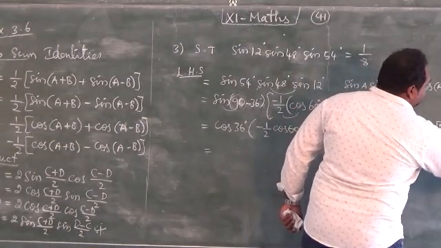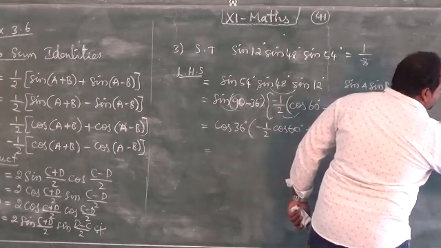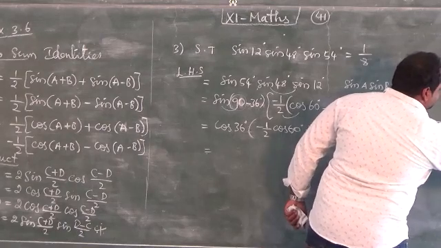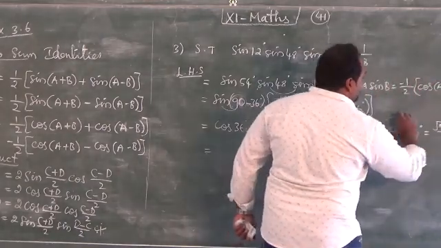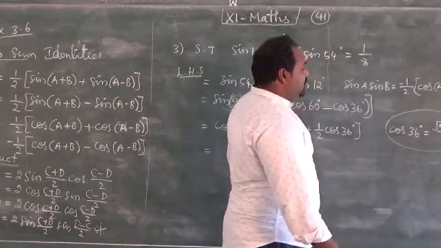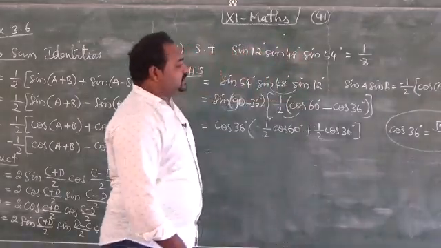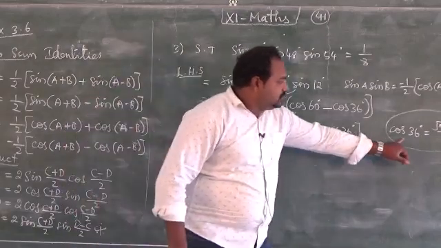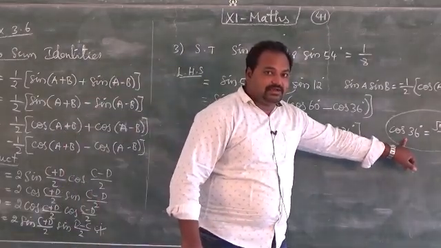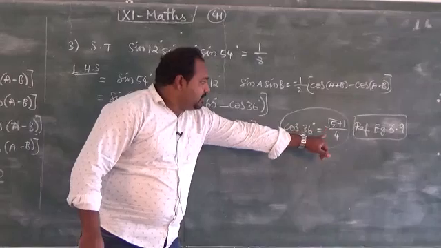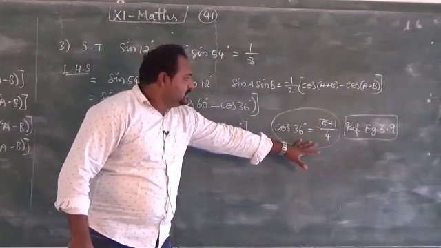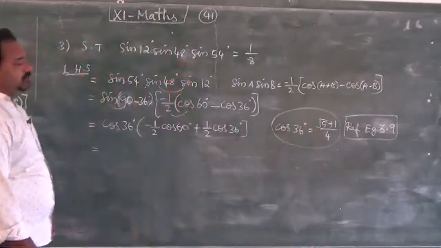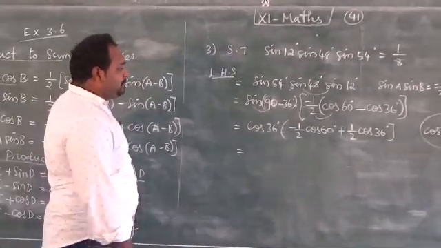Refer to example 3.9, where you can see how to find the cos 36 value. So (root 5 plus 1) by 4 is the value of cos 36. You can refer to it in the book, example 3.9.